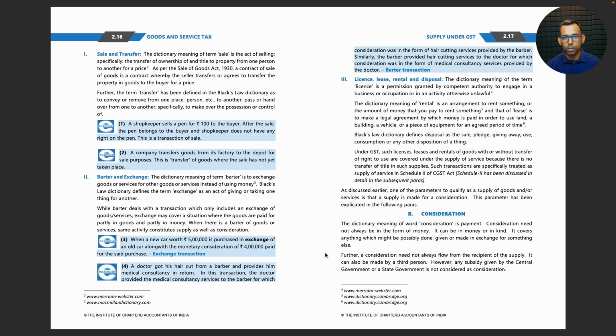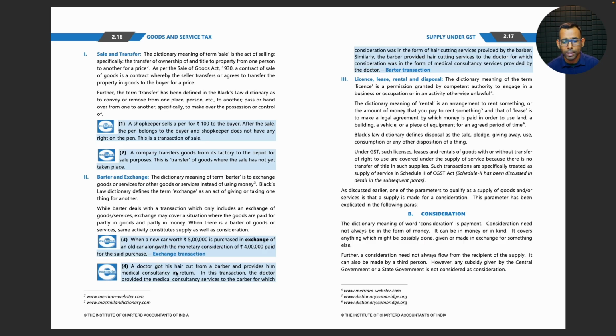So you give your smartphone and you pay the rest of 42,000 in the form of money to complete the purchase. So that transaction is exchange. Barter is properly goods to goods or service to service, no cash or money involved. Exchange is goods plus money involved. So when a new car worth rupees 5 lakh is purchased in exchange of an old car along with the monetary consideration of 4 lakh paid for the said purchase, this is an exchange transaction.